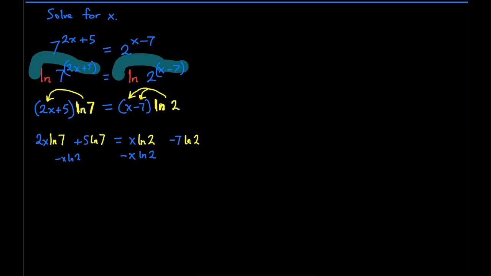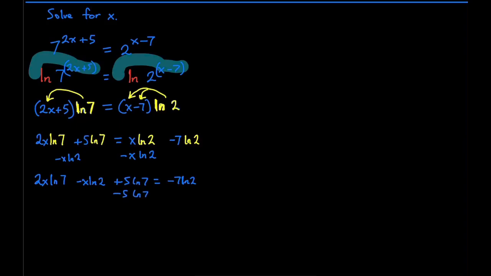So now, just to show it step by step, we have the 2x ln 7 minus the x ln 2. This we could have moved to the other side at the same time. And if you don't do that at the same time, you could just do it now.